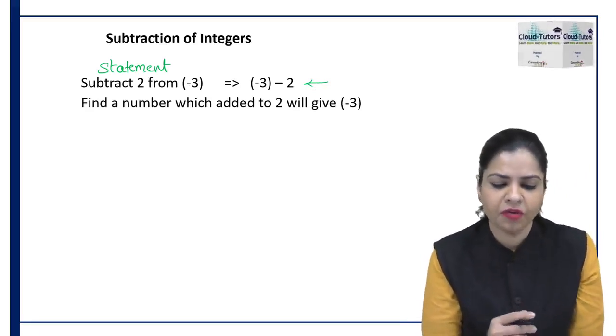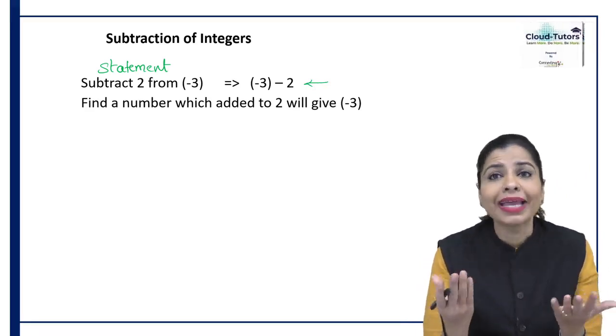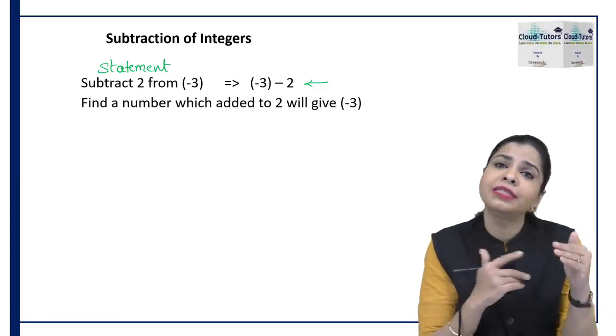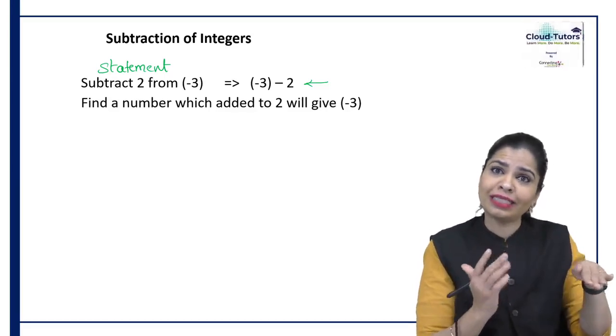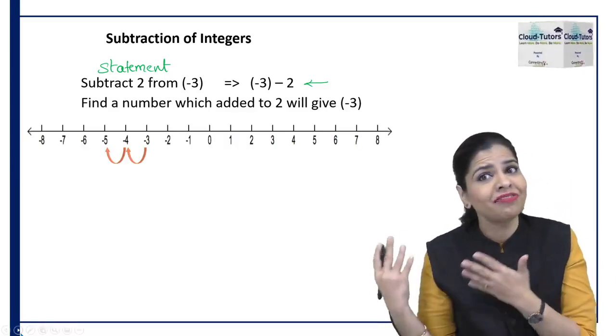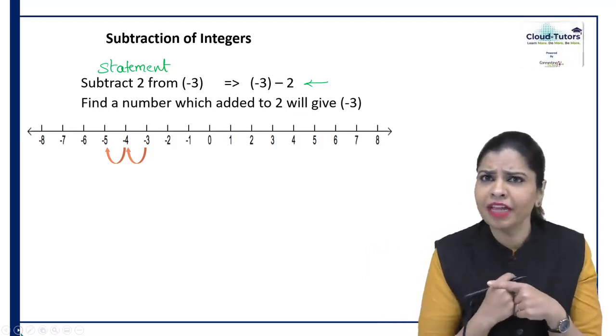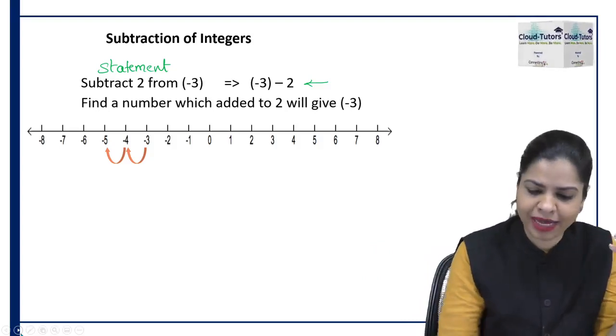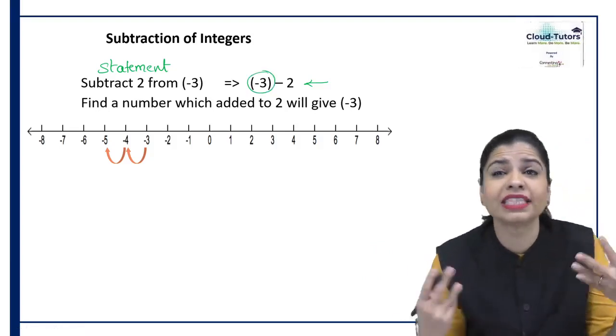So what happens? Basically, we are adding 2 numbers which have the same signs. So ignore the signs for a moment, okay? And you will get the final answer. Don't believe me? Let's verify on the number line. I have a number line where my starting point is negative 3.